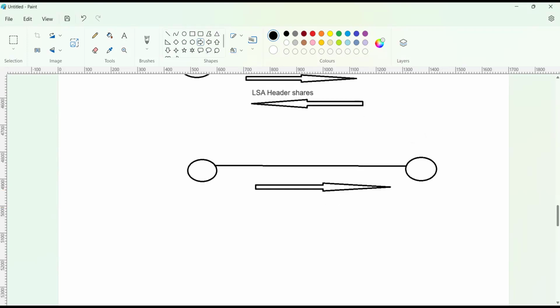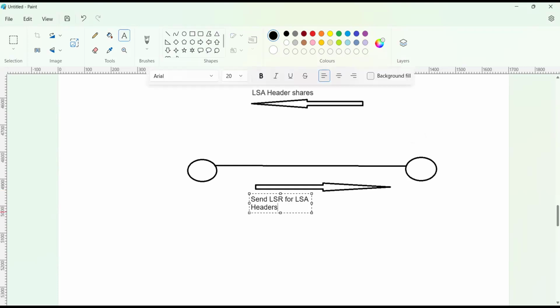Likewise, they'll ask. First, R1 will ask with a link state request, and R2 will give the reply update. That is what we call a link state update; he will receive the updates.